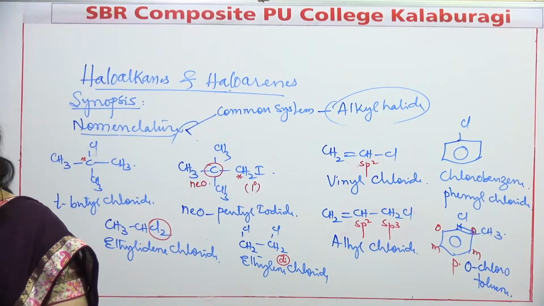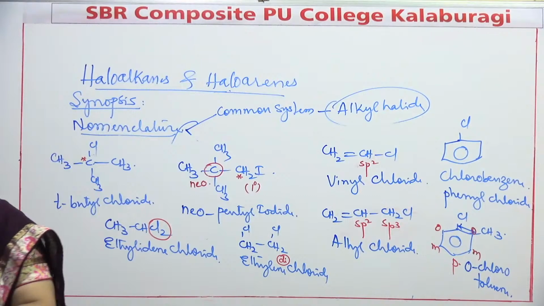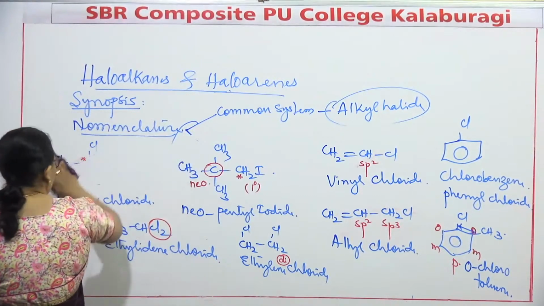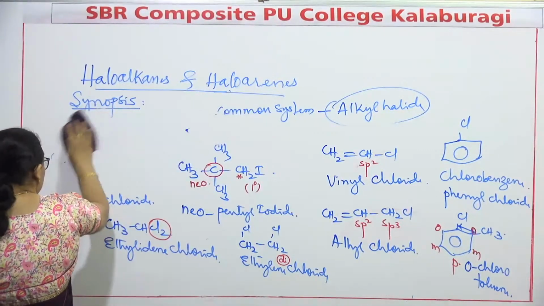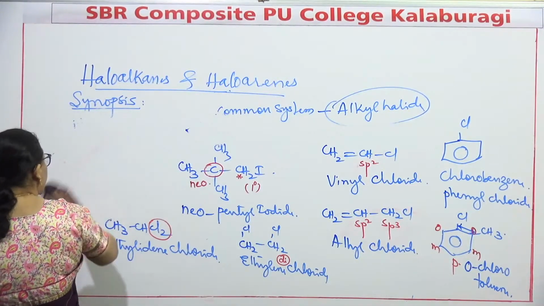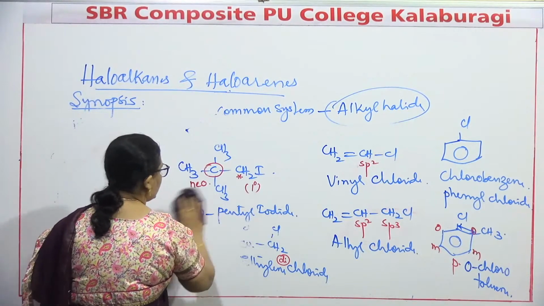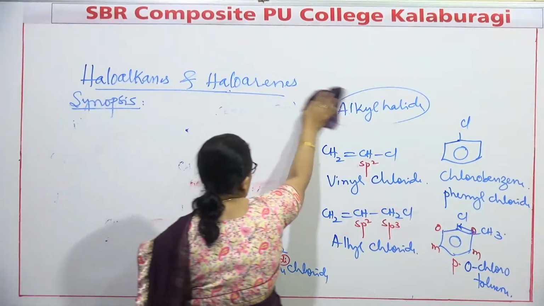Let us move to the IUPAC system. Children, you might remember that in the first year we studied the rules related to nomenclature. Any organic compound is divided into three parts: root word, prefix and suffix.